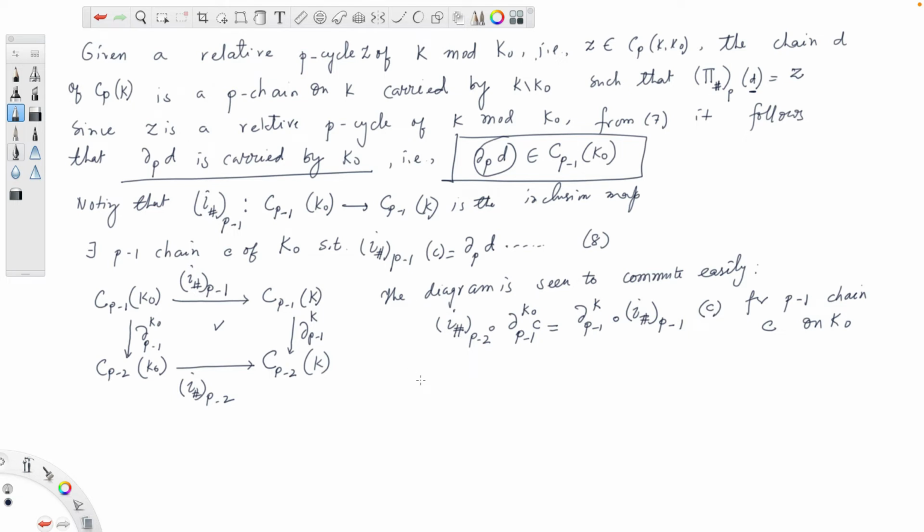Now, this tells us that i# at p-2 of ∂_{p-1} superscript K0 c is equal to ∂_{p-1}^K composed with ∂_p^K d, right?